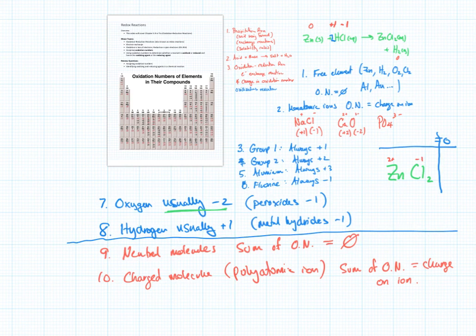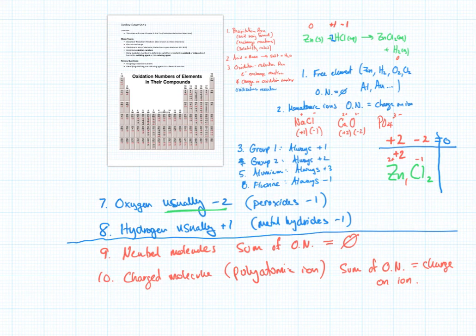Because zinc is a monoatomic ion, the charge on the ion is the same as the oxidation number, so this has to be a +2 oxidation number. There's only one zinc, so it's contributing +2. This has to be -2 in order for the sum to be 0.